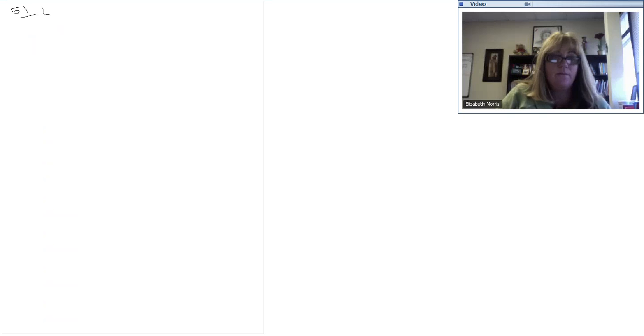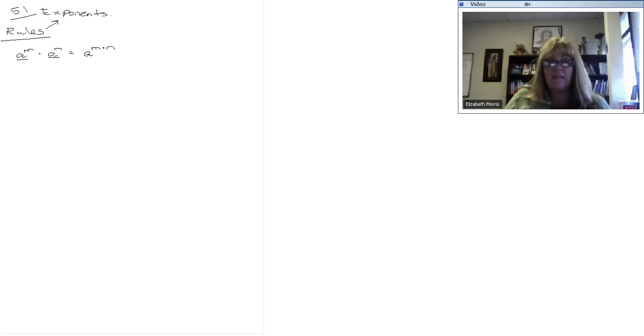5.1, which deals with exponents, okay? And we have rules, all right? The rules for exponents, we're going to start with if you multiply two things that are the same, two bases that are the same, you can add exponents.